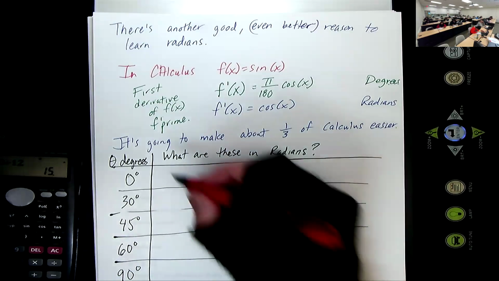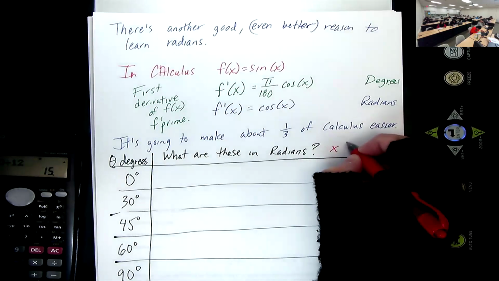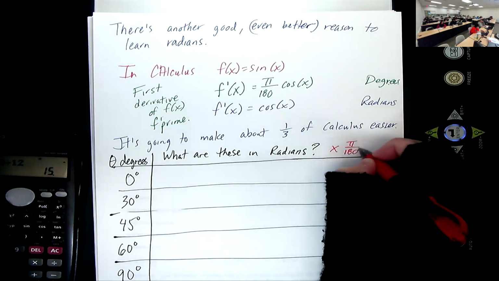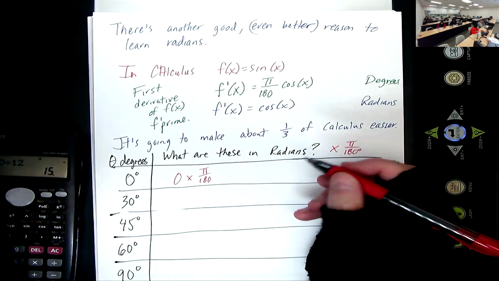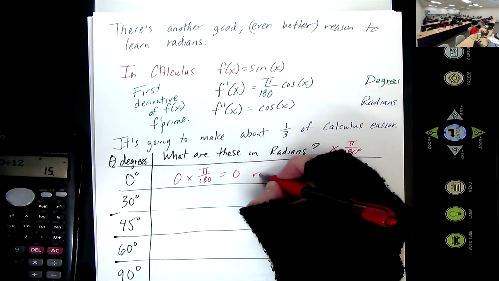Remember, degrees to radians was multiplied by pi over 180. So 0 times pi over 180 equals 0. 0 radians.